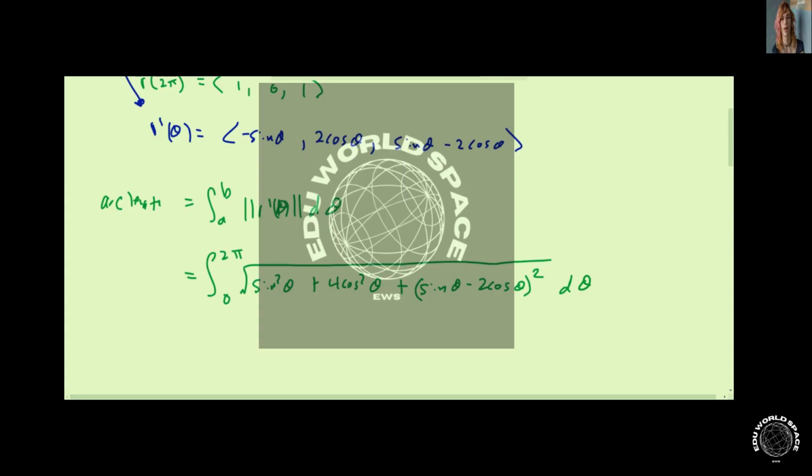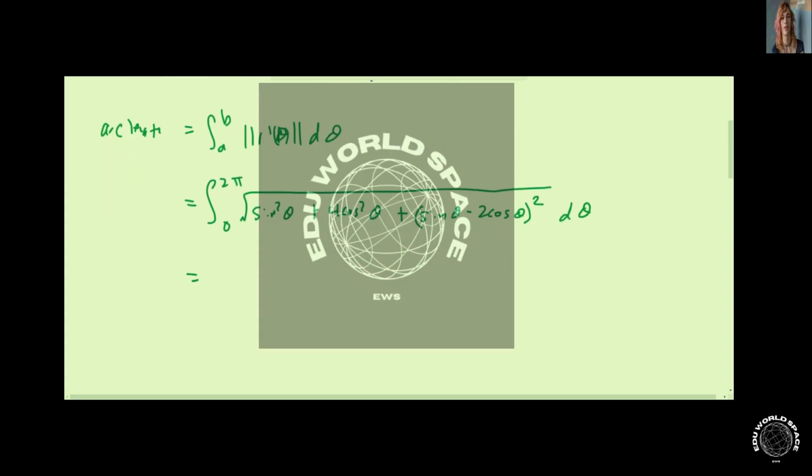And then let's go ahead and see if we can simplify this at all. So we have sine squared theta plus 4 cosine squared theta. Expanding that out is going to give us plus sine squared theta, and then minus 4 cosine theta sine theta, and then plus, oh, not 2, 4 cosine squared theta.